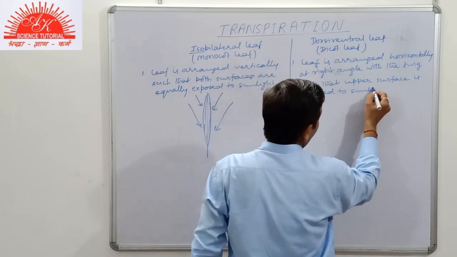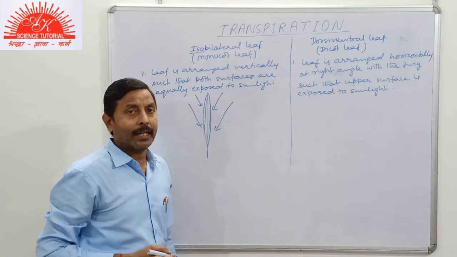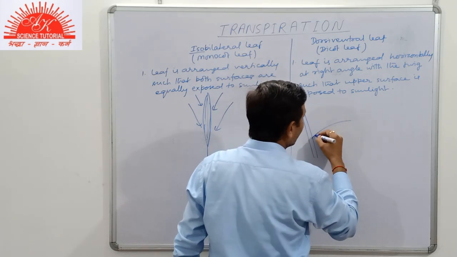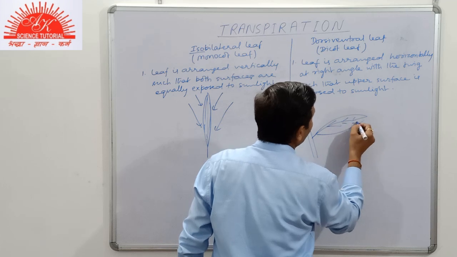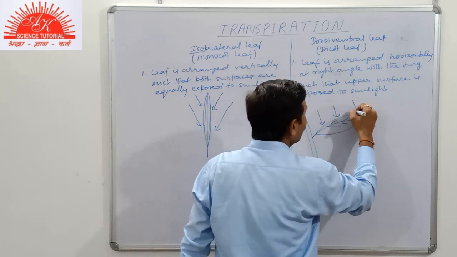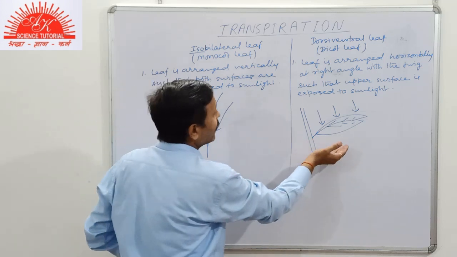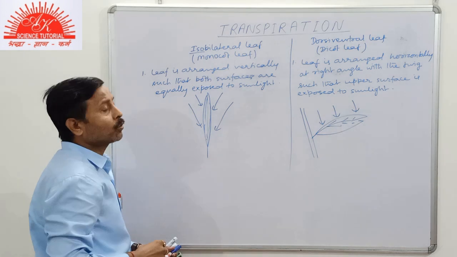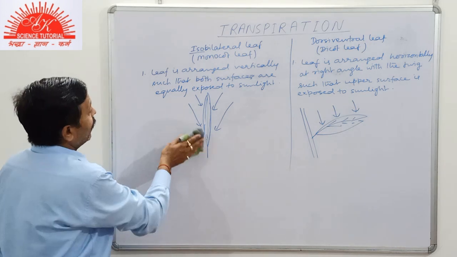Exposed to sunlight means its upper surface will only receive sunlight. Suppose here is the branch, twig, and this will be the arrangement of the leaf. Such that this upper surface is only exposed to sunlight. The lower surface will not be exposed to sunlight. So there will be some structural difference also.